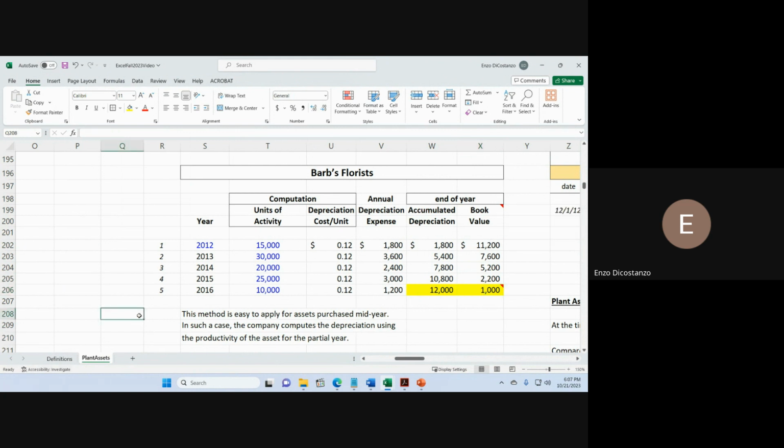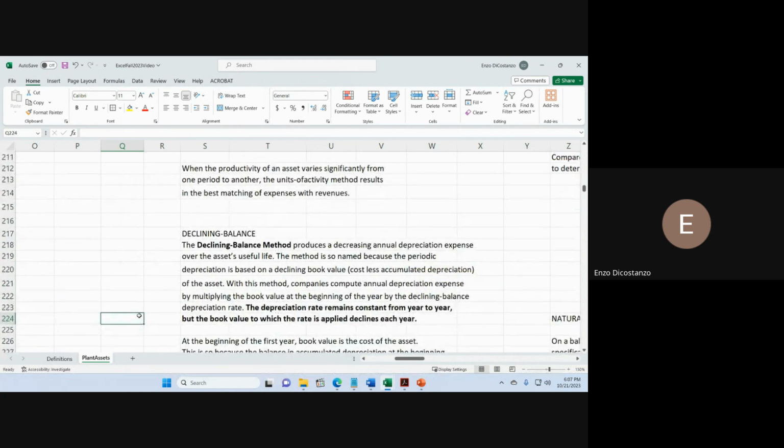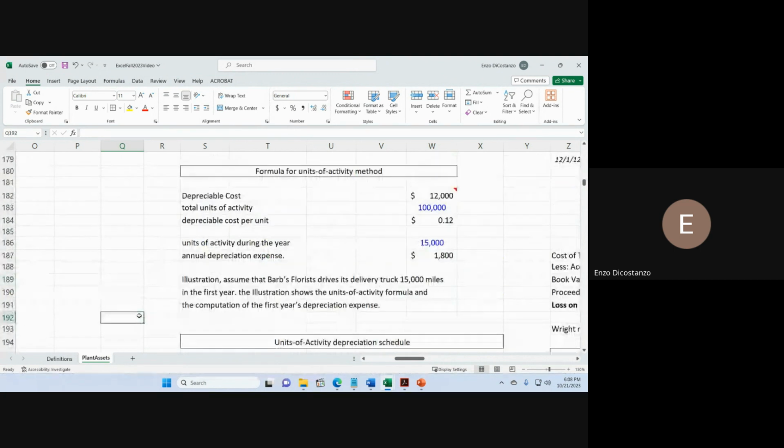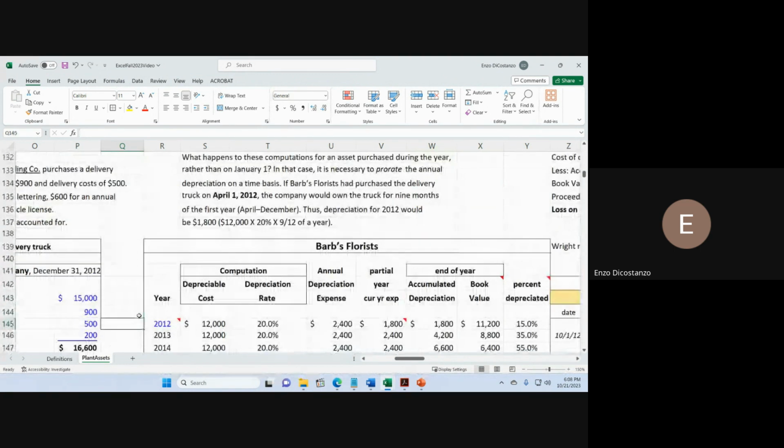Okay. And you can apply this for mid-year purchases. We just saw a prorated version up here, right? We did the prorated version of this thing.